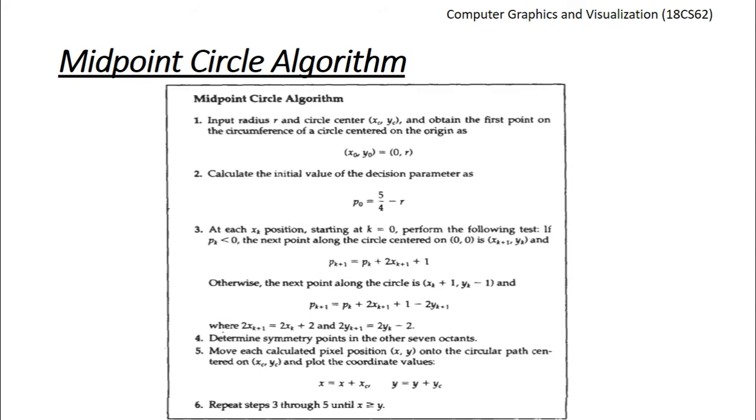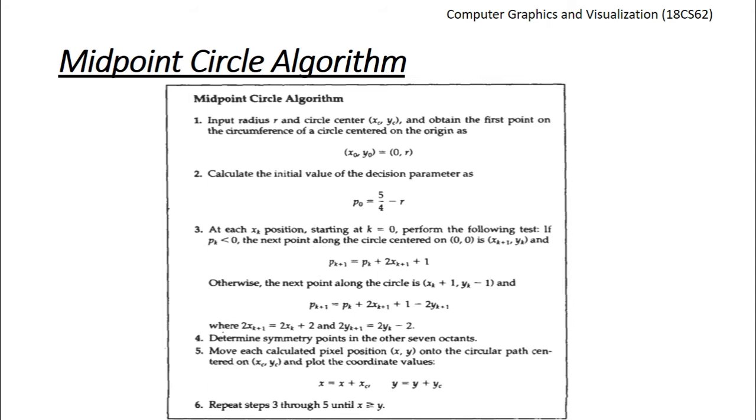Step number 2, calculate the initial value of the decision parameter as p0 equals 5/4 minus r. Step number 3, at each xk position starting at k equals 0, we need to perform the test whether pk is negative or positive. If pk is negative, then the next point on the circle should be considered as (xk+1, yk).